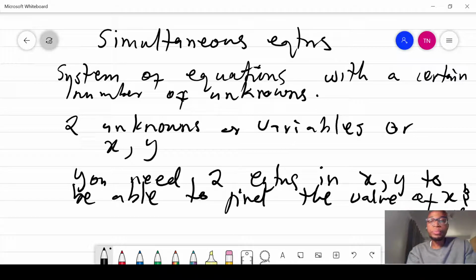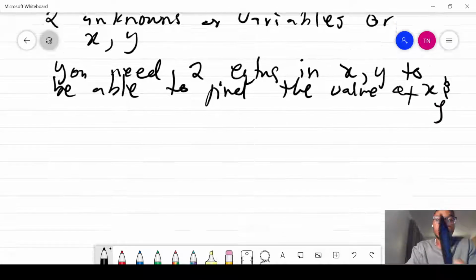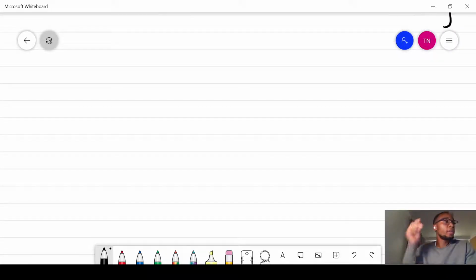This might not make a lot of sense for now, so let's just go into the examples, and the examples will clarify what we want to do.